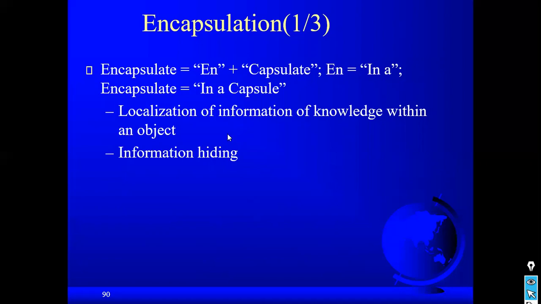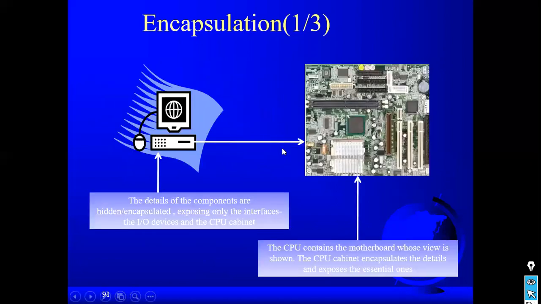Just look at a real-time example of it. This is your motherboard. We have all kinds of devices, like RAM, CMOS battery, hard disk, everything connected to the motherboard, all the input and output devices. We only see the cabinet, which we call the CPU.